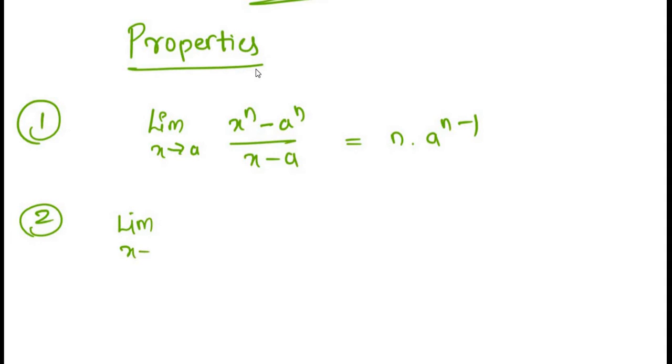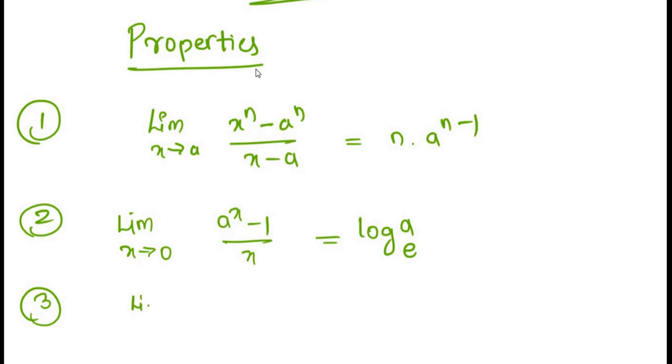Second property: limit x tends to 0, (a^x minus 1) by x. This can be written as log a base e. And third property: limit x tends to 0, sin x by x, is equal to 1.